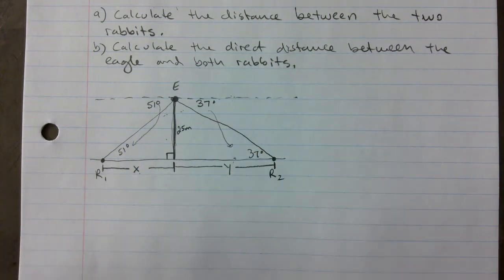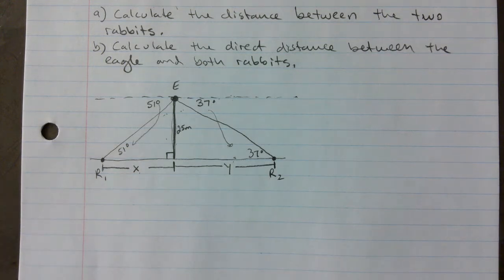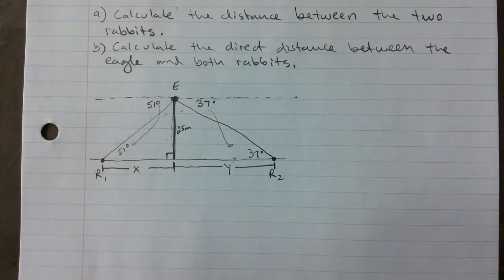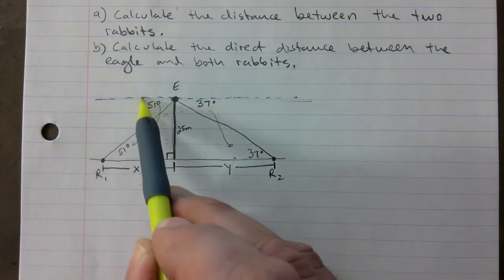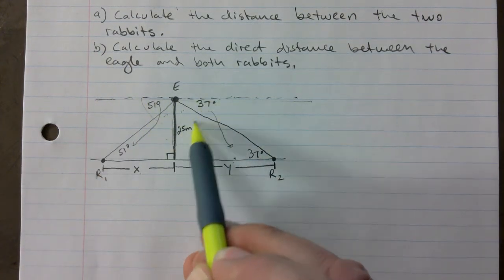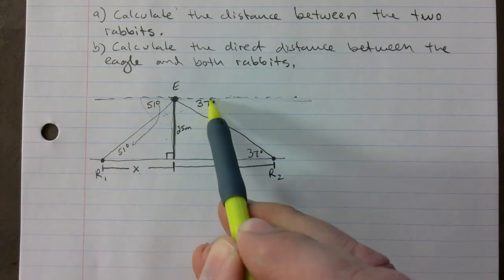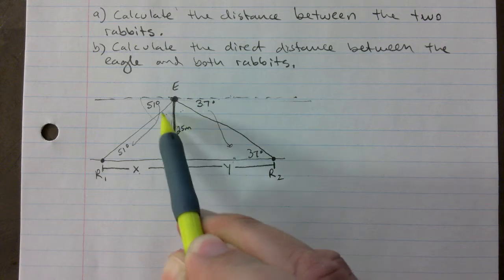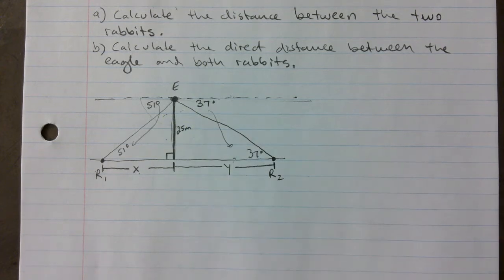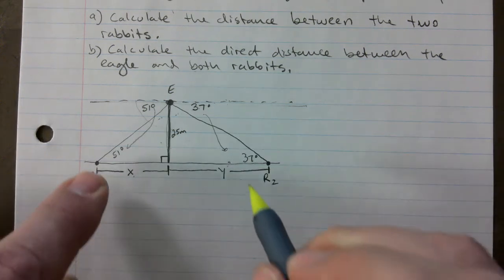Okay. So now they're both inside the triangle. I want you to know that this is a straight line. So technically this whole thing adds up to 180, right? So you could go 180 minus this minus that to get the whole thing. But right now it's not very useful to me because I don't have the side length across from it.